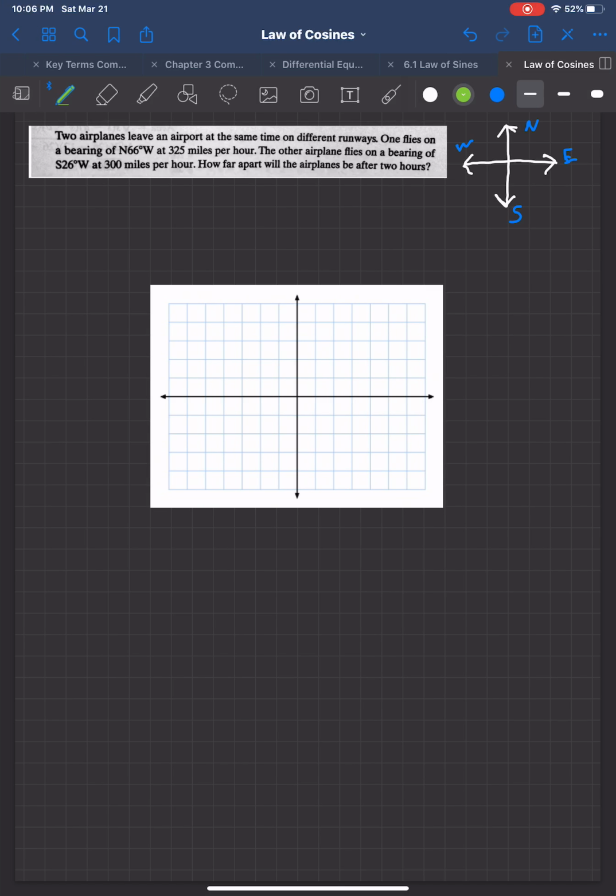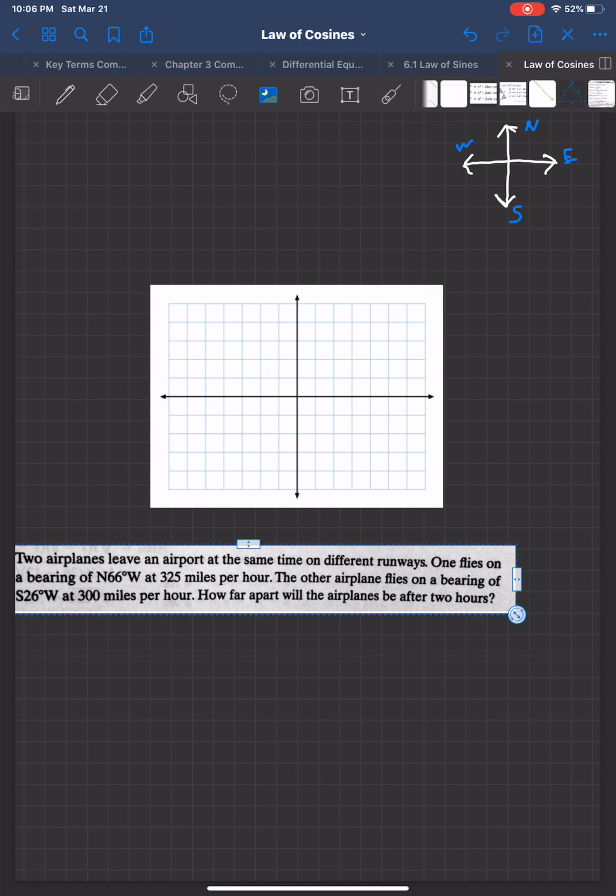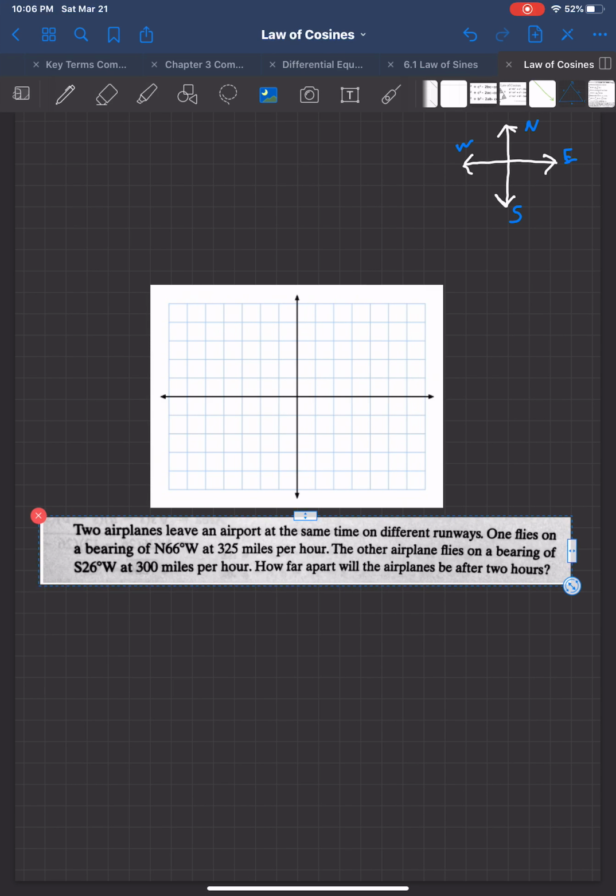All right. So last problem for this section. So you know me, I like to either see the geometry or I want to see a word problem, right? Because I want to know when I would use it, or I want to see it being used. So let me read.